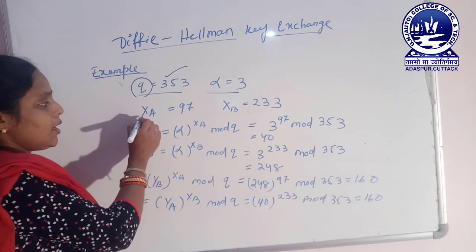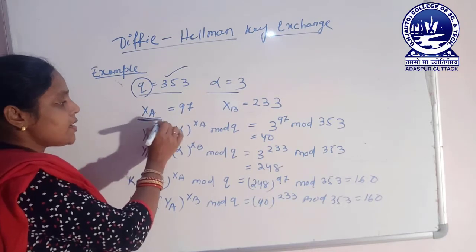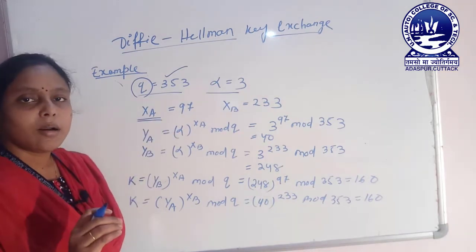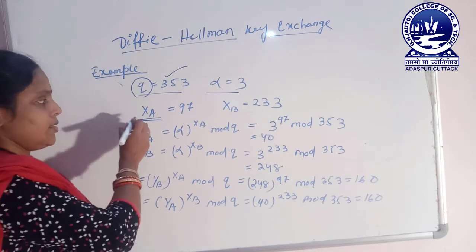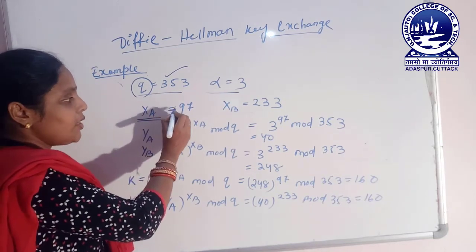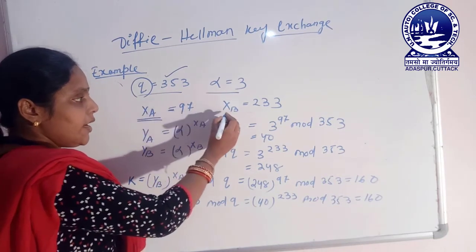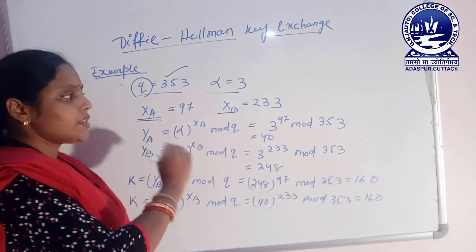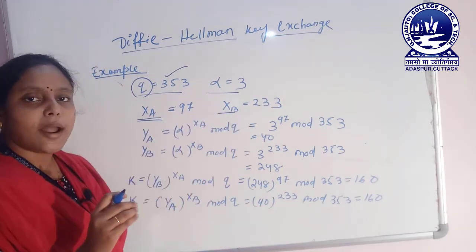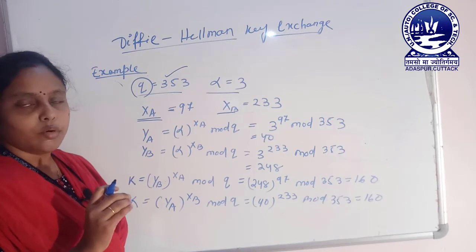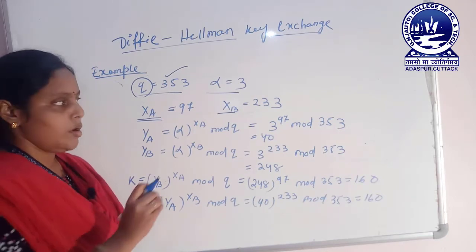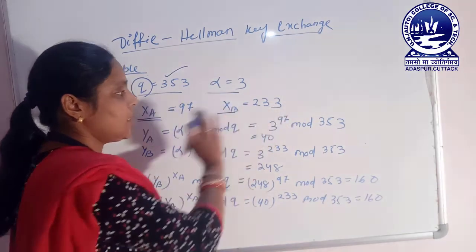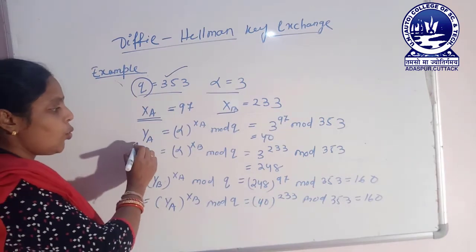Then next XA. Here XA is the private key of Alice, which value is 97. Then next XB. XB is the private key of Bob, which is chosen by Bob, whose value is 233.